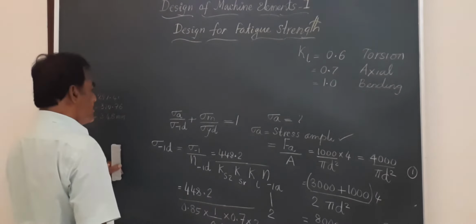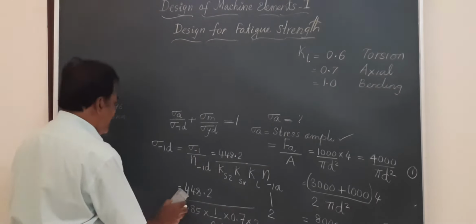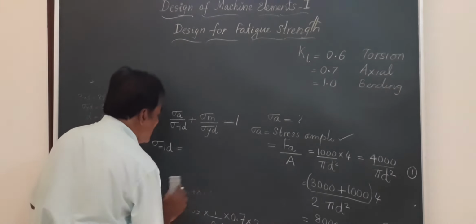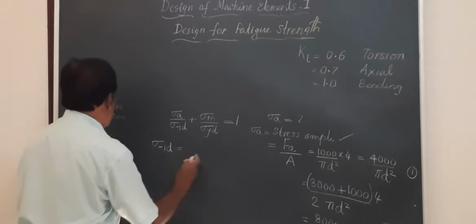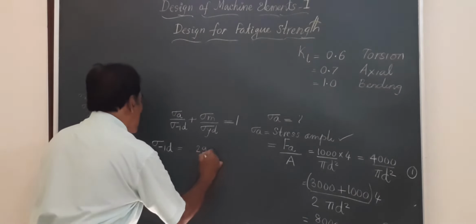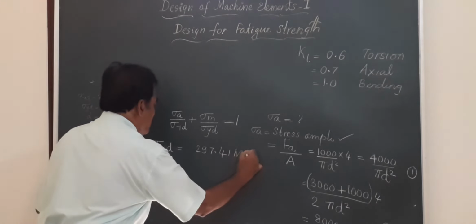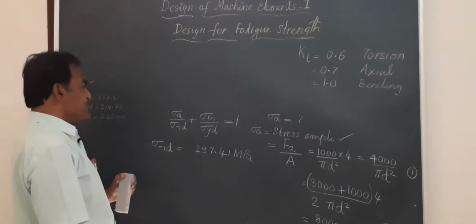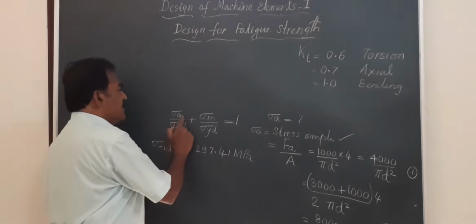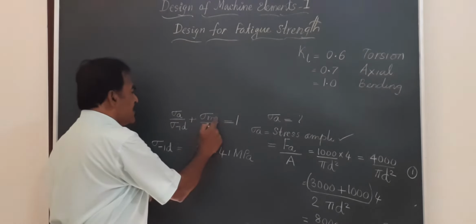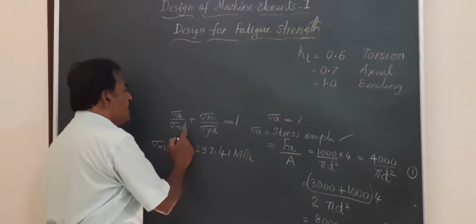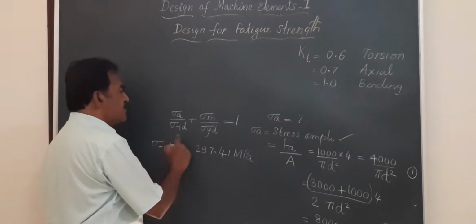With all this substitution, friends, you are going to get the value of sigma minus 1d after calculation works out to 297.41 MPa. So friends, till now you are able to find out the stress amplitude, the mean stress, and sigma minus 1d, the design endurance stress.